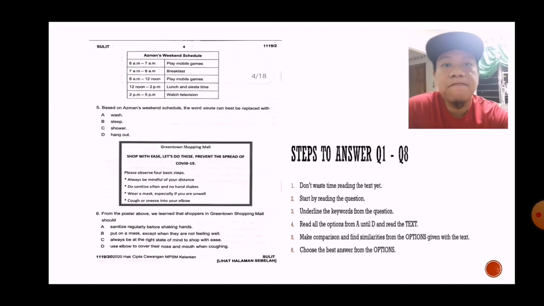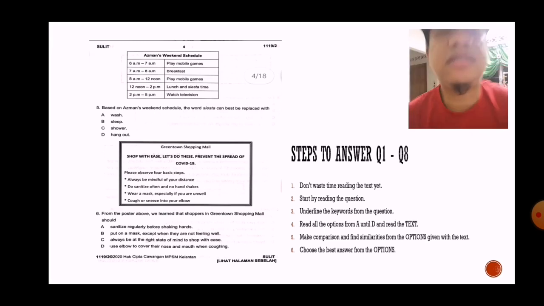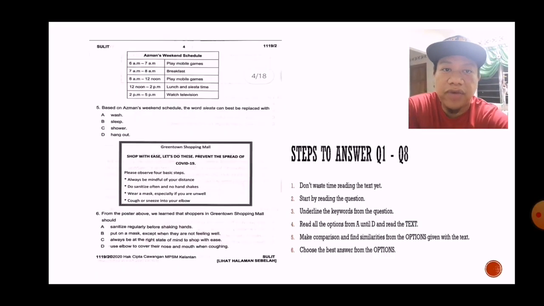Okay. Right. So for question 5, the question is, based on Azman's weekend schedule, the word siesta can best be replaced with? Let us try to understand the meaning for every option. Okay, A first.